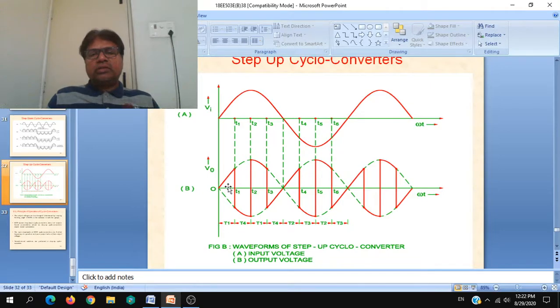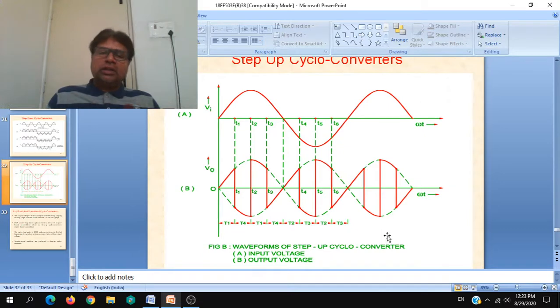So in one positive half cycle, load is getting two full cycles. In the next half cycle also, load is getting two full cycles. So in one full cycle of the supply voltage, it is getting four cycles.